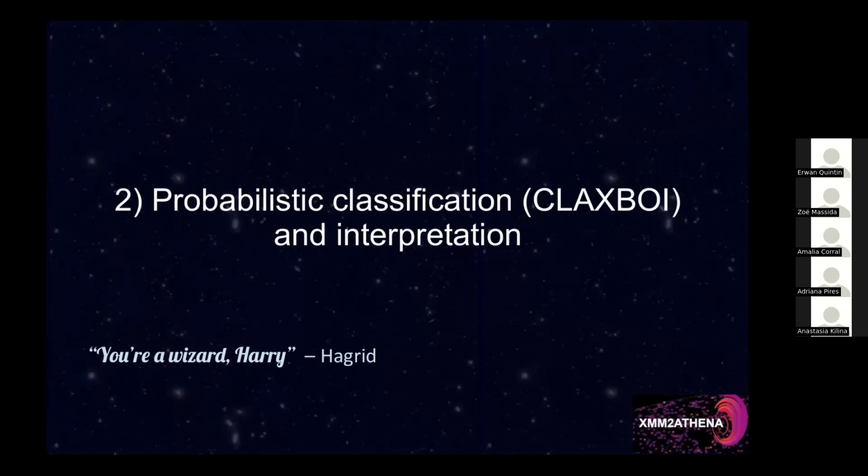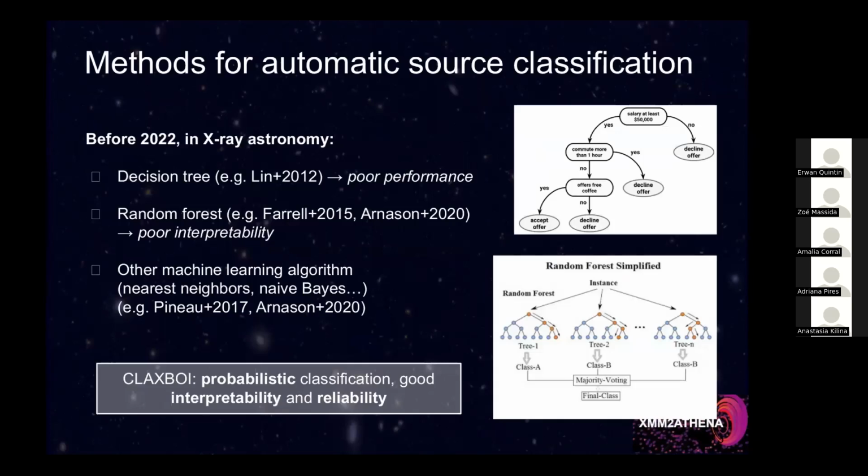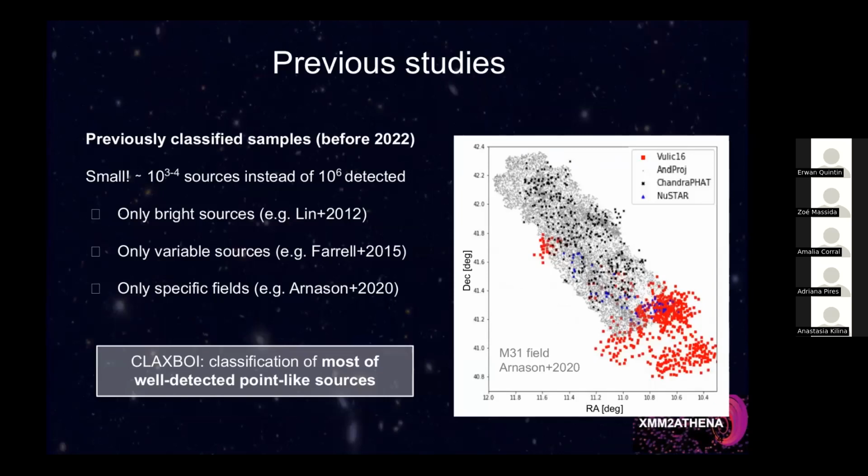Now let's talk about the classification model in itself. Before 2022, we didn't have a lot of studies in X-ray astronomy doing classification of large samples. The largest samples were maybe thousands or tens of thousands of sources, instead of the million sources detected. They were sometimes targeted at a specific population study in a specific nearby galaxy, like M31.